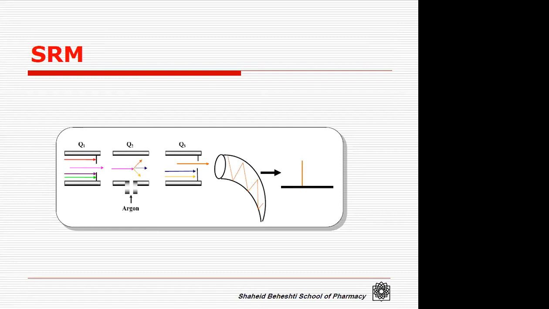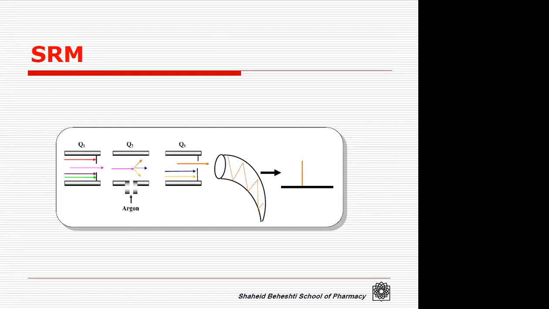But there is a certain type of ion monitoring which is used in metabolic disorder screening, which is called SRM. SRM stands for selected reaction monitoring. What is selected reaction monitoring?